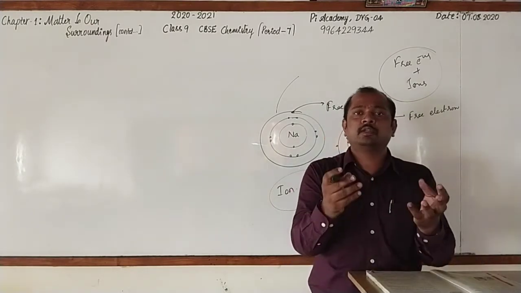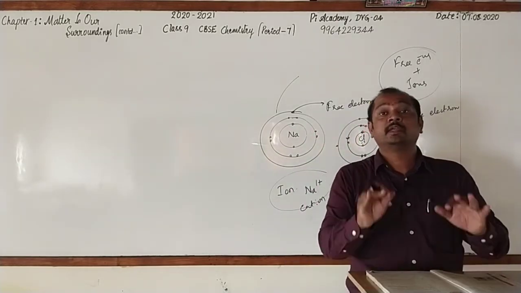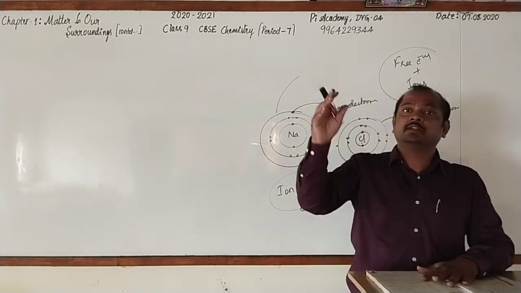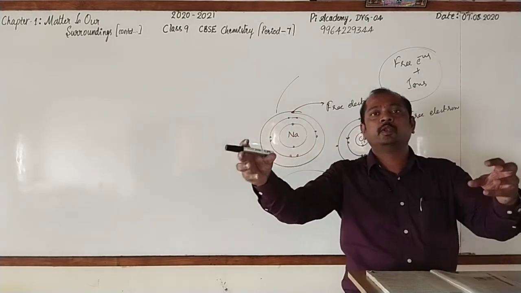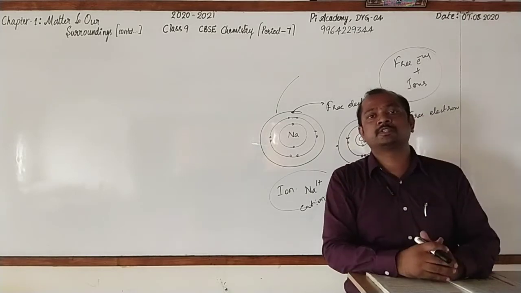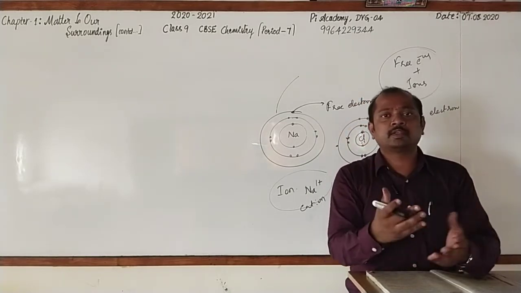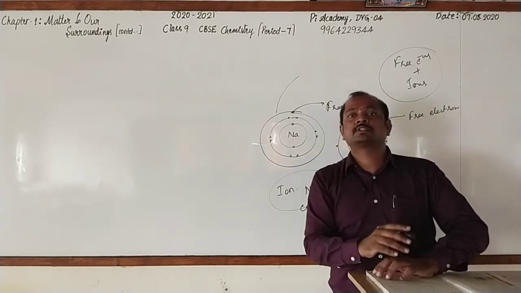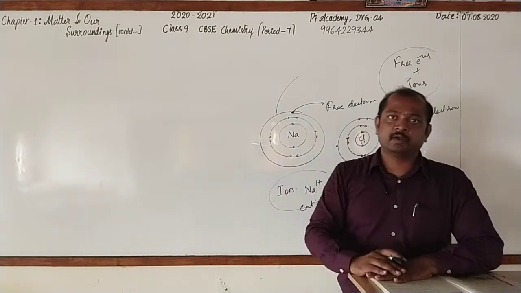When they are broken, they lose electrons. When they lose the electron, what happens? They get charged. And these charged atoms, nothing but ions, mix with the free electrons present in the tube or the bulb. Because of this mixture, the fourth state of matter exists, which is called plasma.